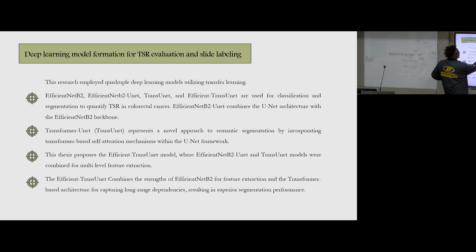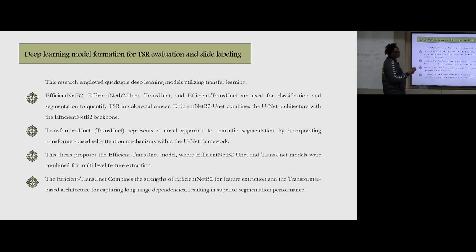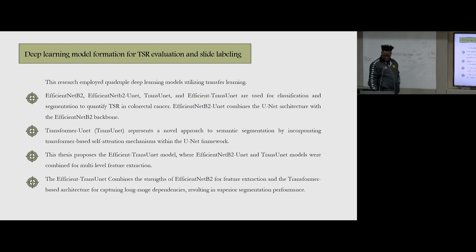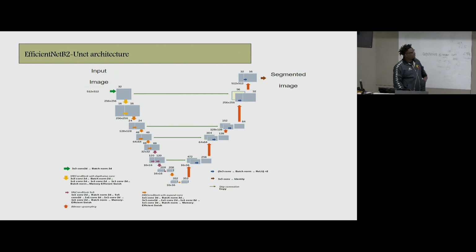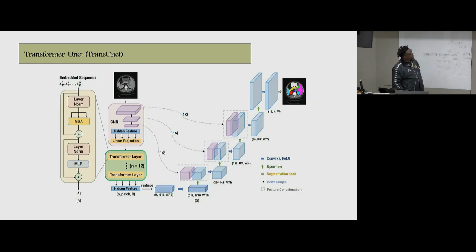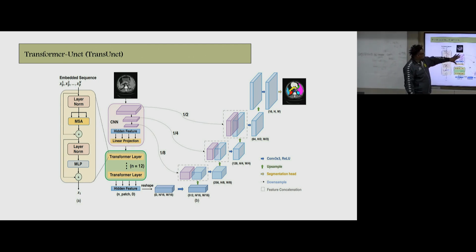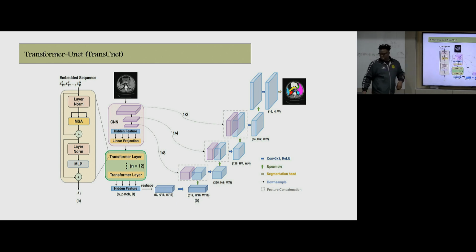So EfficientNet B2 and TransUnet were applied, where EfficientNet is for classification and this is TransUnet. The TransUnet's own advantage is that it changes the encoder. It uses CNN and the transformer in the encoder before it does reconstruction.